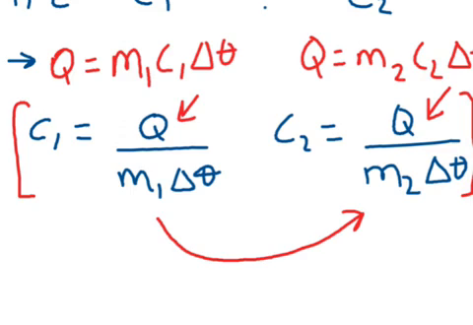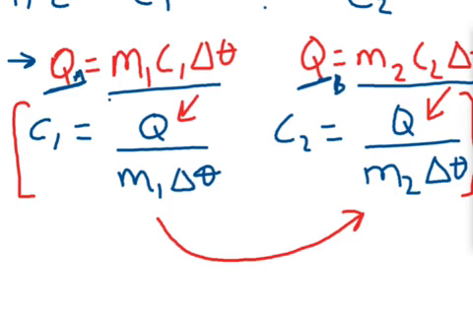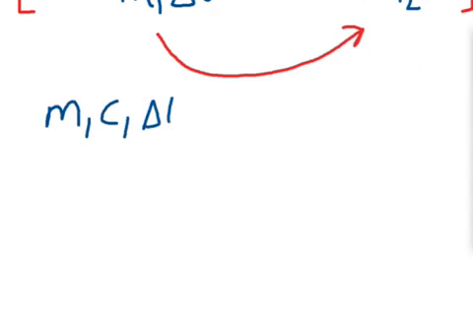So we are going to simply say this is equal to this. Why? Because this is equal to this. So since QA is equal to QB, we can say M1 C1 change in theta will be equal to what? M2 C2 change in theta. So we can write that as M1 C1 change in theta equals M2 C2 change in theta.